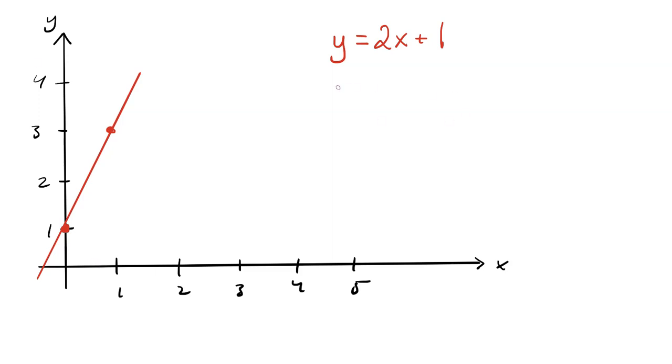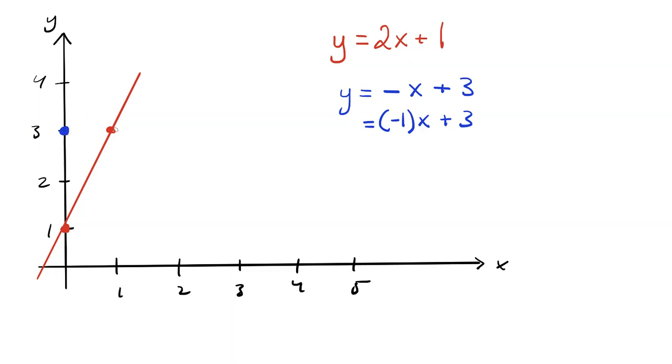Or for example, if I have instead minus x plus 3. What is k in this case? Well, it's minus x, but of course we can write it like this. So in this case, k is equal to minus 1. And here we have 3, meaning that it will cross here at 3.